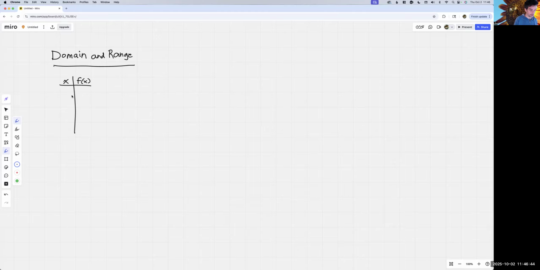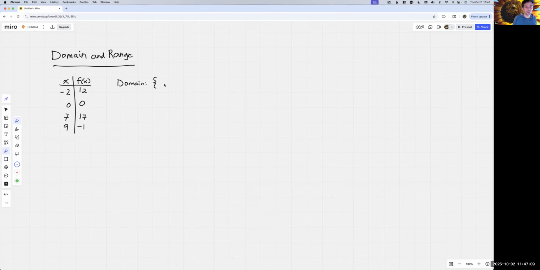I'll just write this out this way, right? Maybe this is our function. Who knows what this might represent. But if I were to ask about the domain and range of this function, it's very straightforward. Our domain is just this set of four numbers that we have.